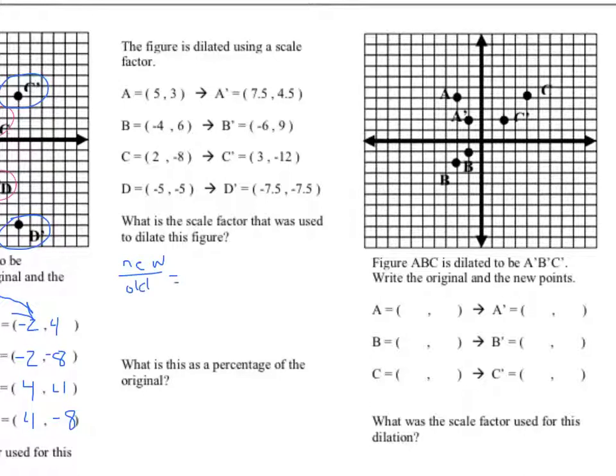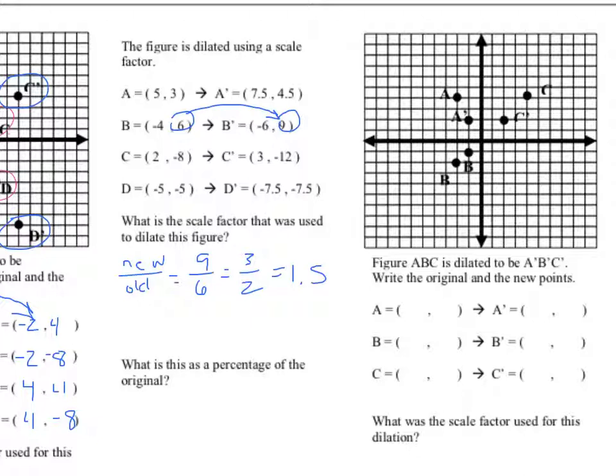And so I can take any point that I want to. So I might choose this one that went from a 6 to a 9. My new is the 9, my 6 was the old. And that tells me I got 3/2, which is 1.5.